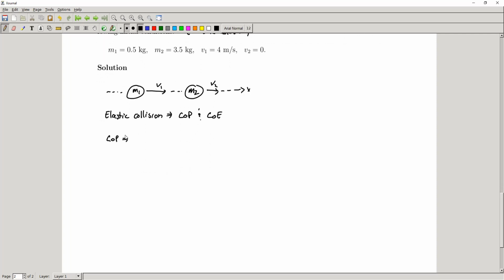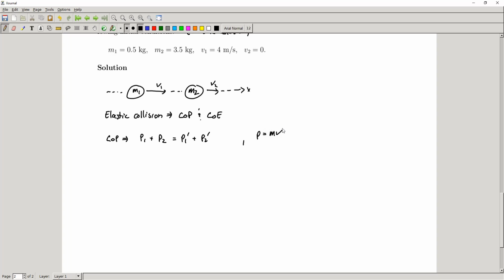So conservation of momentum implies that we can write down this equation, right? And at this point, it's probably easiest for us to just substitute in what these values would be. So P again, let's just remind ourselves, P is just mv, right?